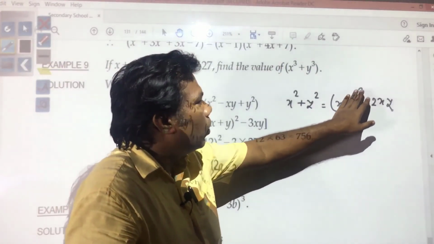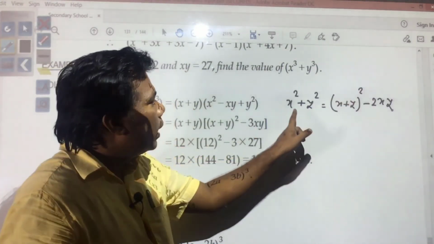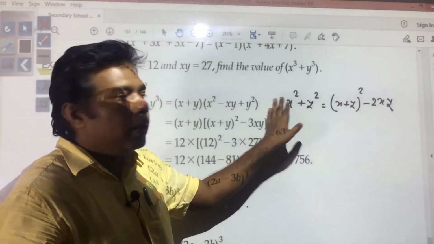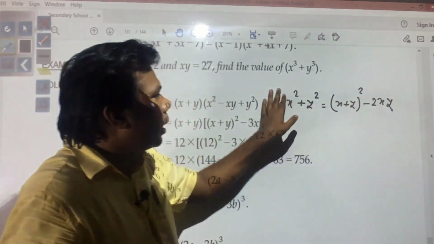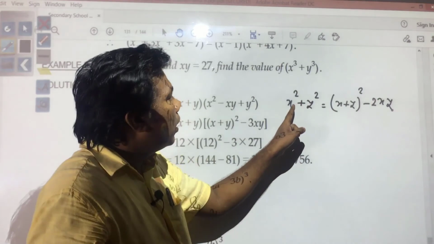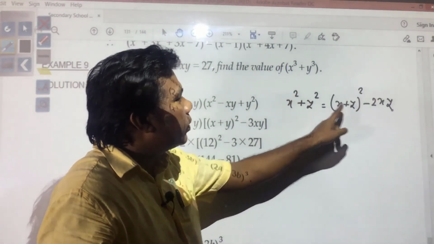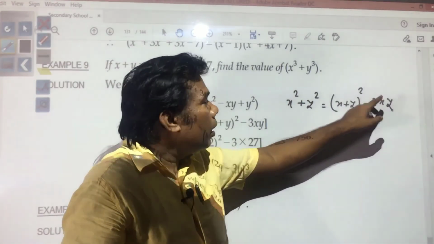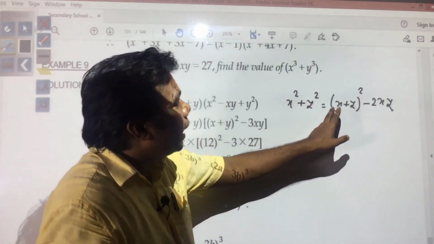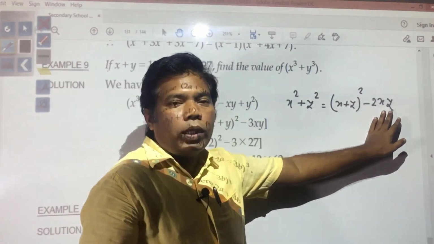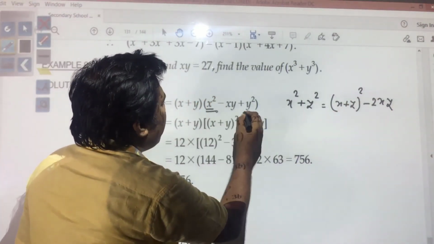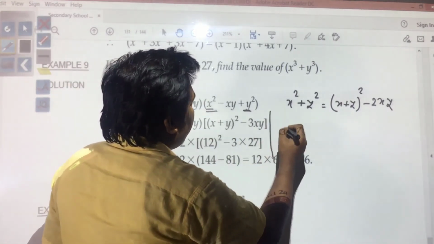Since x plus y whole square is equal to x square plus y square plus 2xy, if you bring 2xy to this side, you will be left with x square plus y square. If you need to find out x square plus y square, then you can write x plus y whole square minus 2xy.